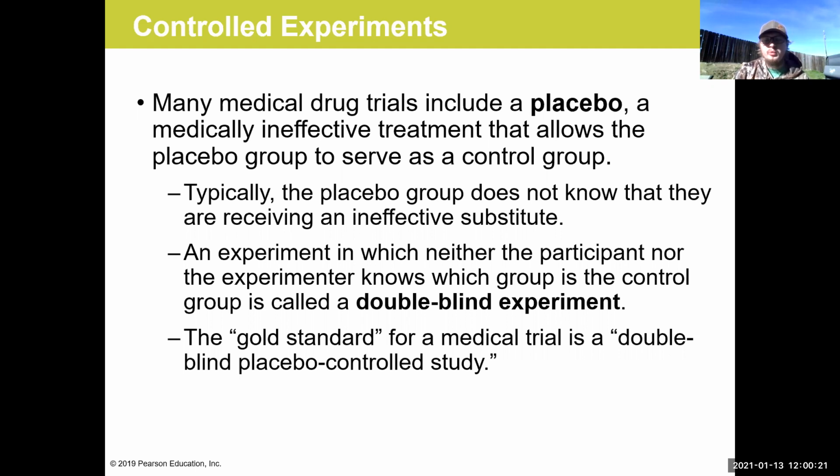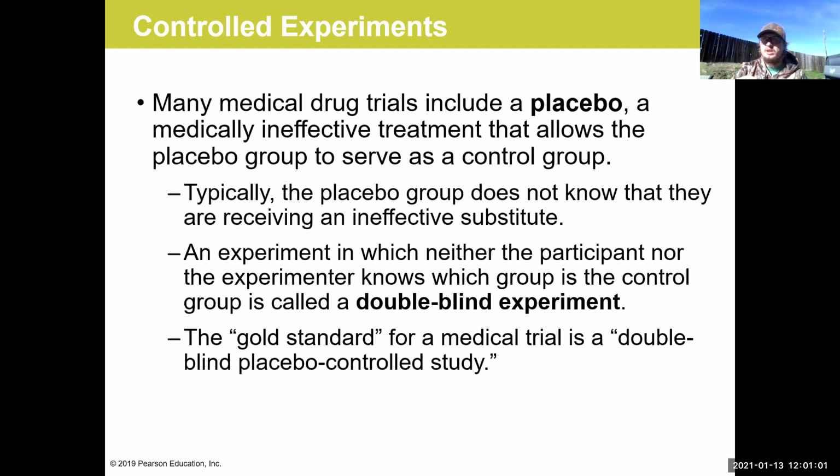And so with controlled experiments, you can have different levels of how you set this up. You can have what's called a double blind, where the participants don't know if they're getting the placebo or the treatment, and then the experimenter doesn't know which group is the placebo. So both of them are blind to who's getting what, and so that means there's no bias within that, right?